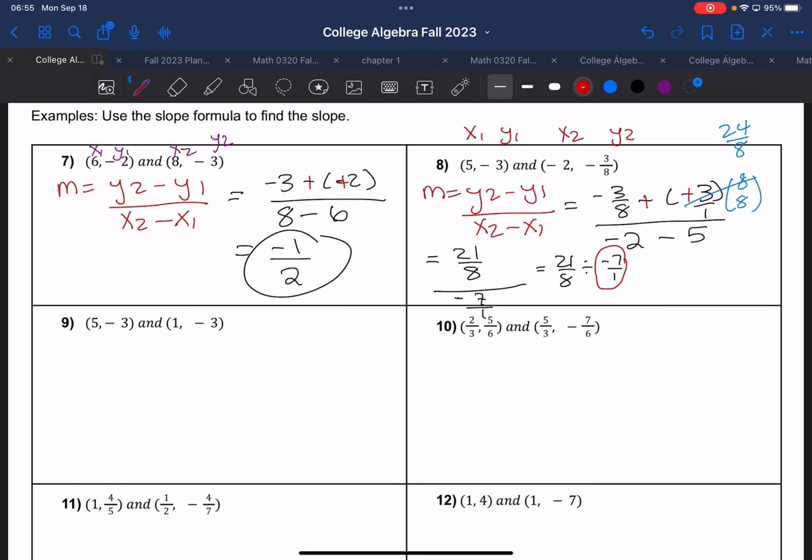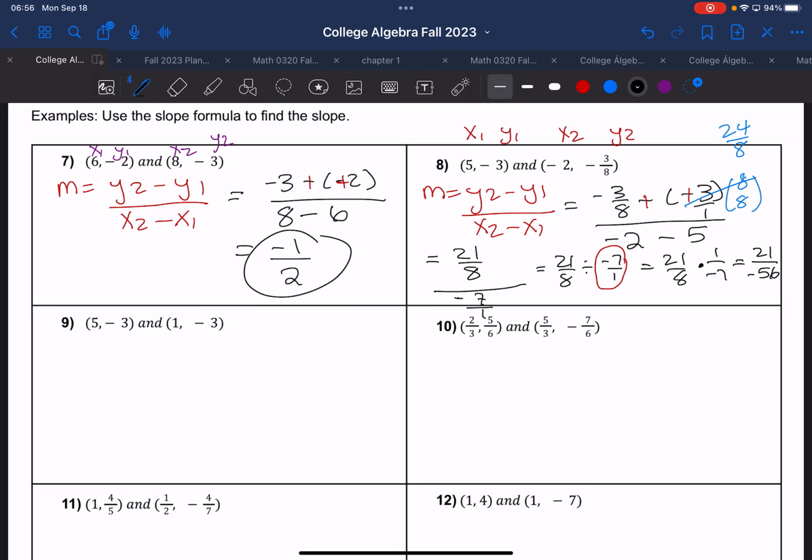So this is equal to 21 over 8 times 1 over negative 7. Now we can multiply our fractions across and we get 21 over negative 56. And this reduces by what number? By 7.